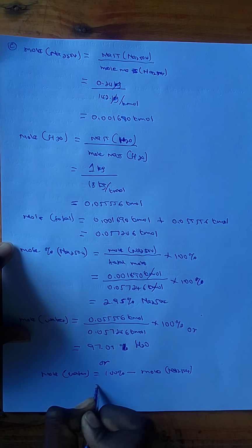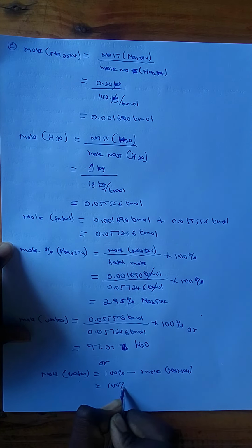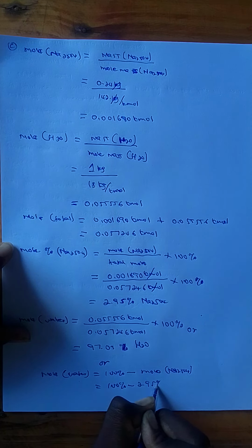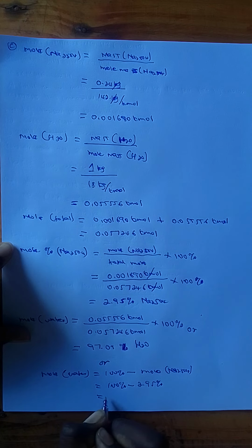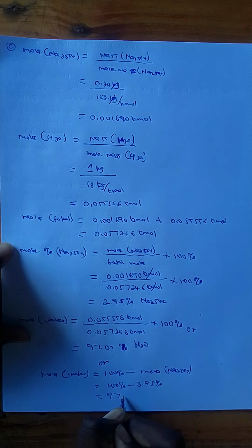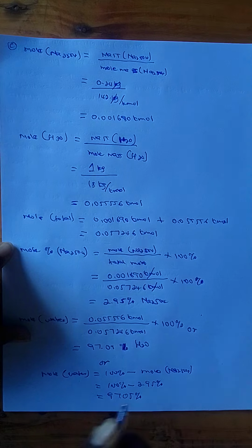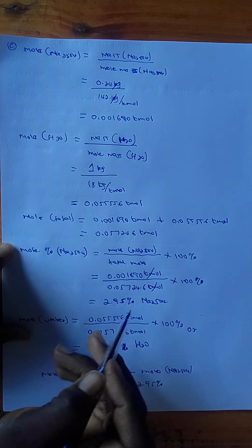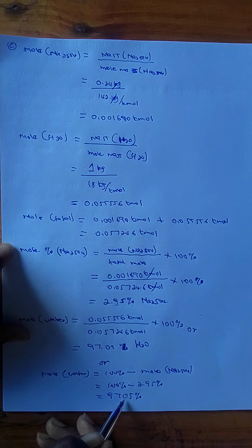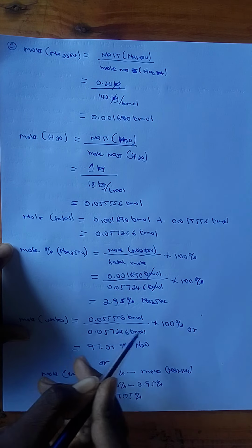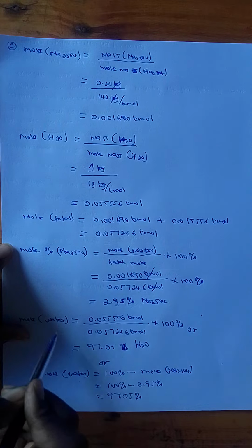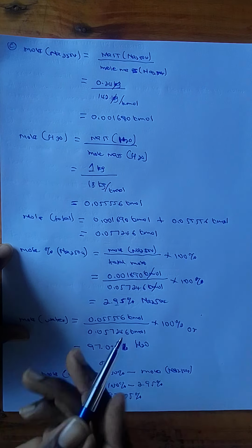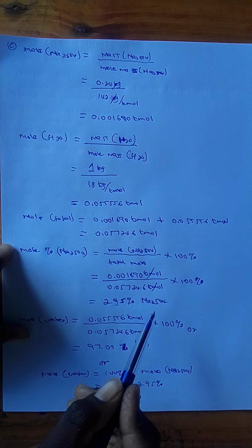So that would be 100% minus 2.95%, and that would still give us 97.05%. It's important to understand that this moves us from here into here. So we could do it directly from the data that we have, or we could use this, knowing very well that if there are only two components in the solution, then we can easily get to this.